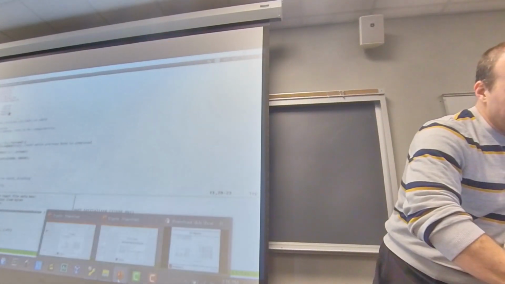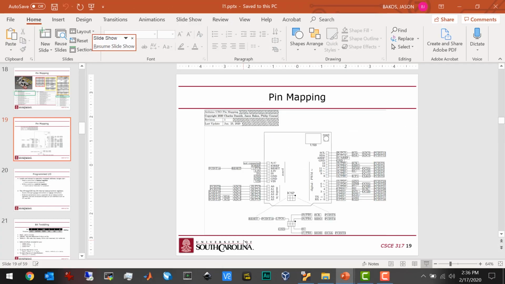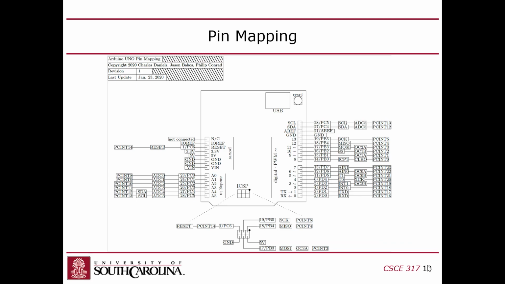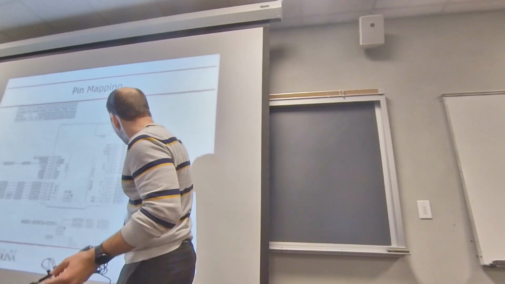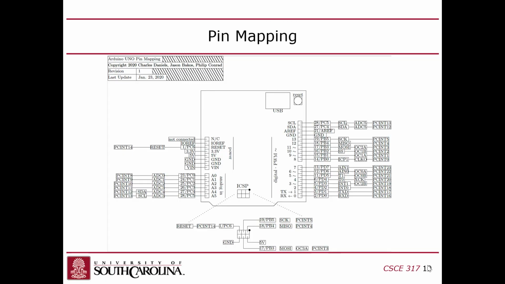It doesn't really matter, but let's see if we go here to the pin out. So S clock, I would connect in this case B5, which is actually pin 13 on the silk screen on the board, right?